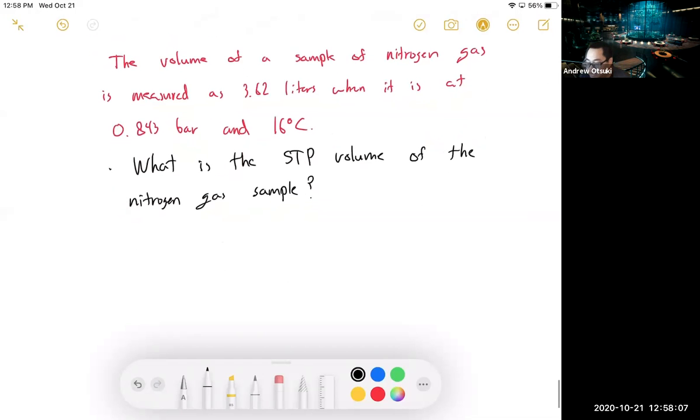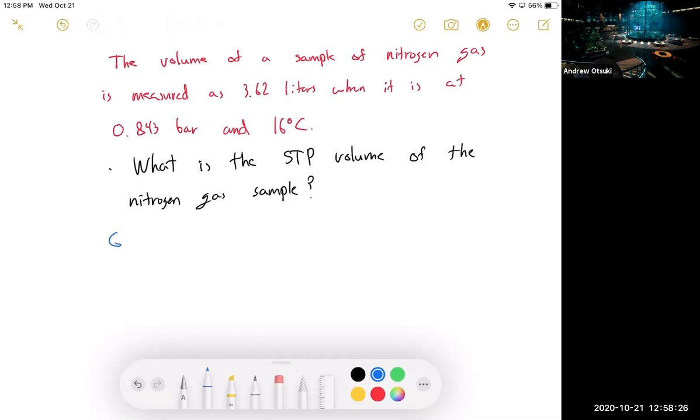So remember, STP is 0 degrees Celsius and 1 bar. So that gives you your final pressure and temperature.